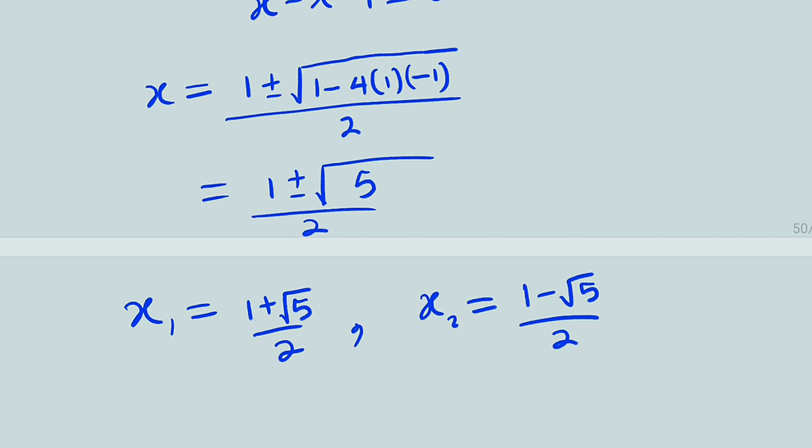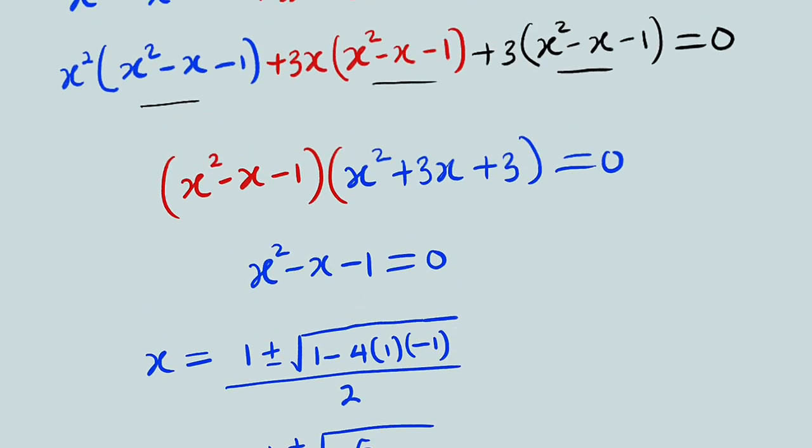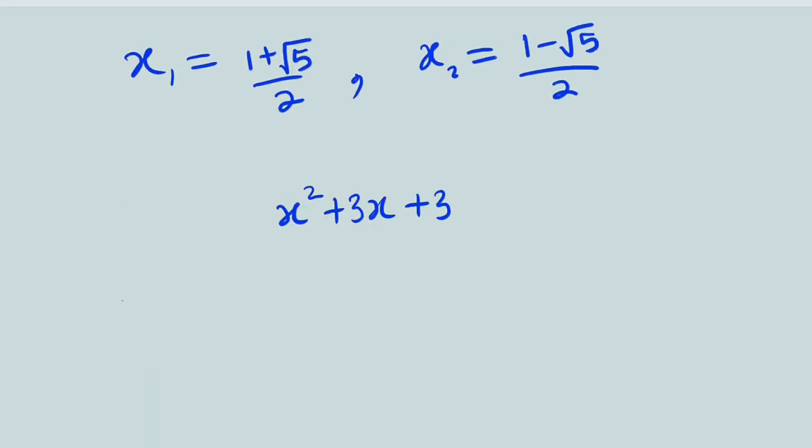Now let me consider the other factor, which is x squared plus 3x plus 3. Alright, x here will be equal to minus b, that is minus 3, plus or minus the square root of b squared is 9, minus 4 times 1 times 3 is 12.